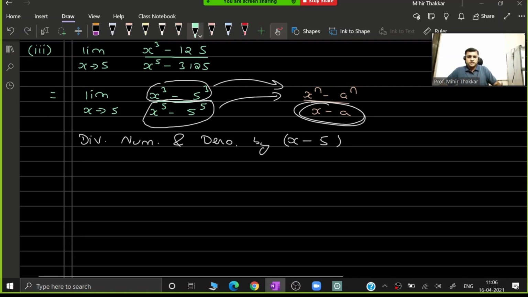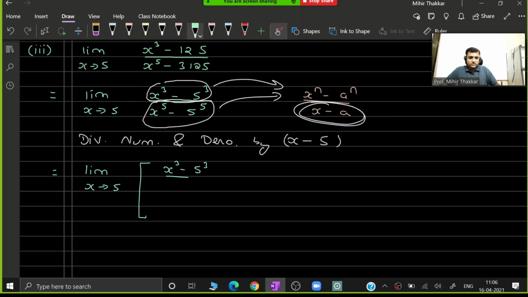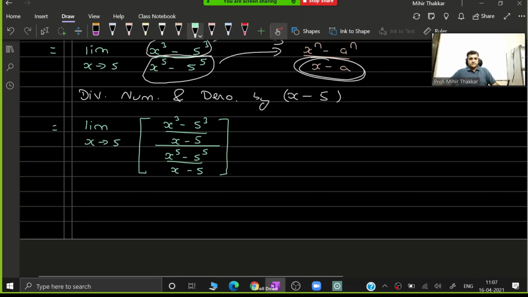So the step that I should get should be like this: x cube minus 5 cube upon x minus 5 for the numerator, whole upon x raised to 5 minus 5 raised to 5 upon x minus 5. So now guys, the numerator and the denominator will be applied with the formula separately.